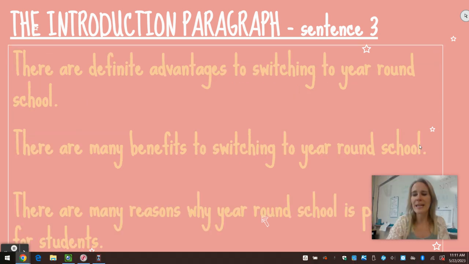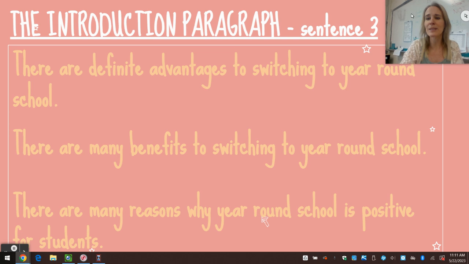Here are 3 examples of claims that I could write for my issue of should school be year-round. They're all going to state the same claim. I'm just going to use different words, but they all claim the same thing. There are definite advantages to switching to year-round school. What side am I taking?